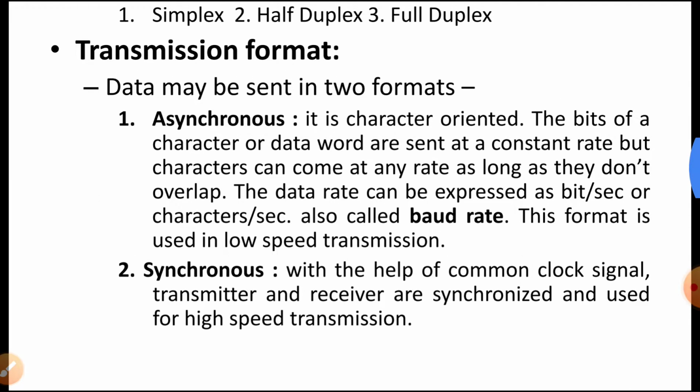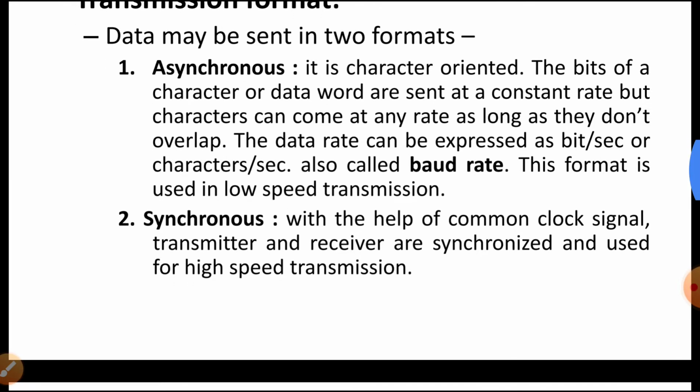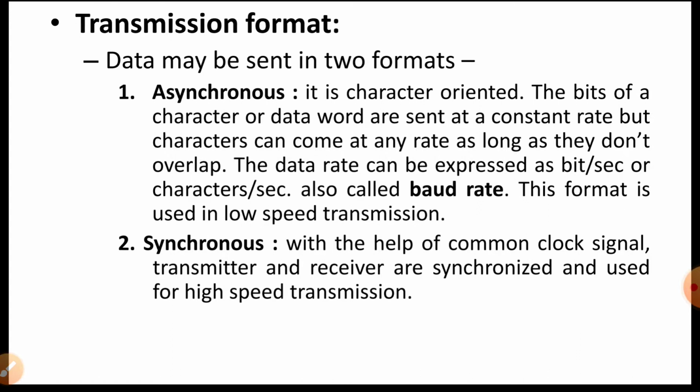The asynchronous data transfer is character oriented, and the bits of the character or data word are sent at a constant rate, but characters can come at any rate as long as they don't overlap. This asynchronous data transfer is used for low speed transmission of data.